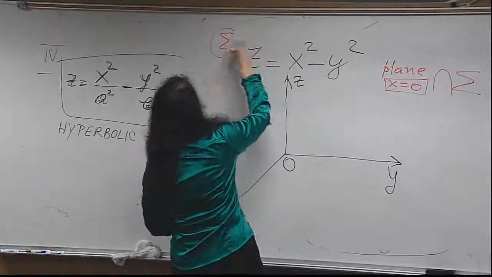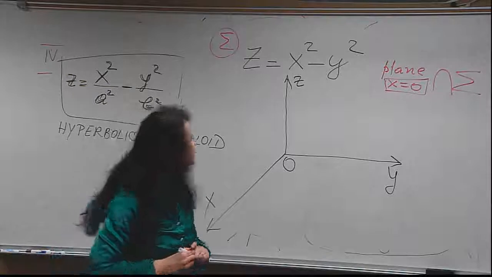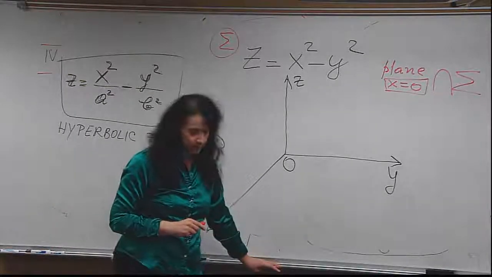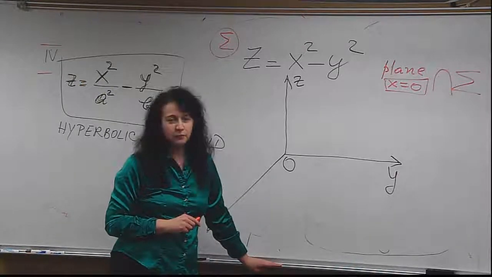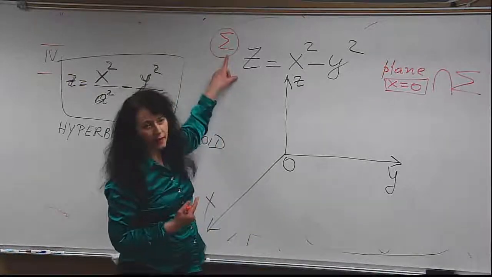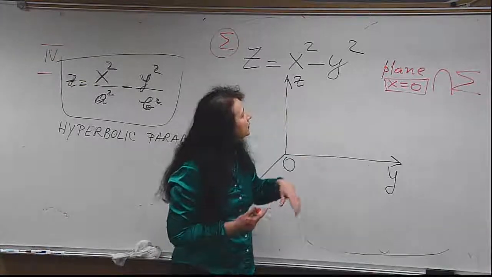Sigma is my surface. The Greeks love that, to use letters as symbols for mathematical objects. You saw that I prefer pi for a plane, and S is the sigma in Greek. And then I say the surface is sigma.